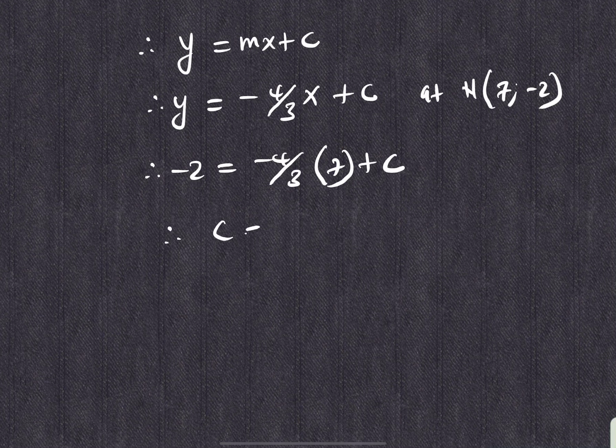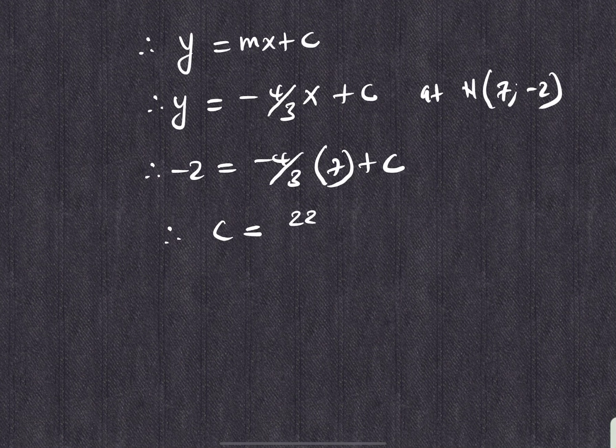Therefore, this is going to give me, let's check that. -2, and then a minus, that should become positive now. Yes, it should become positive 4 over 3 into 7. I'm getting 22 over 3. This is what I'm getting for c.